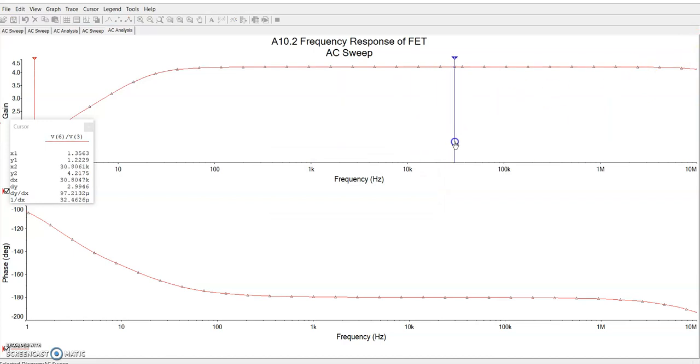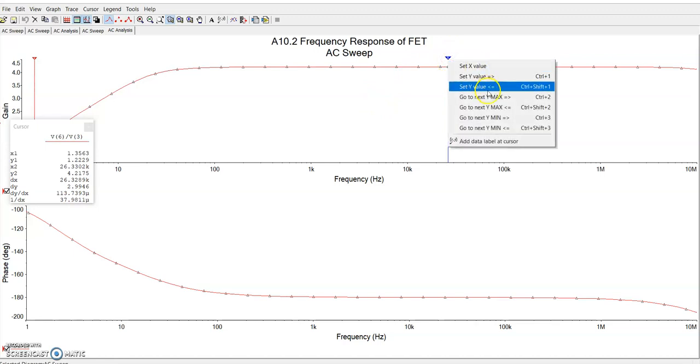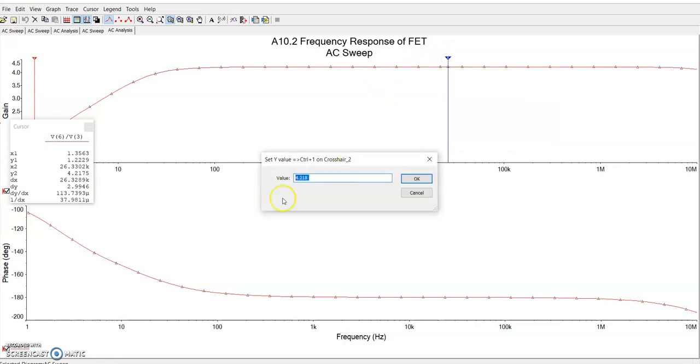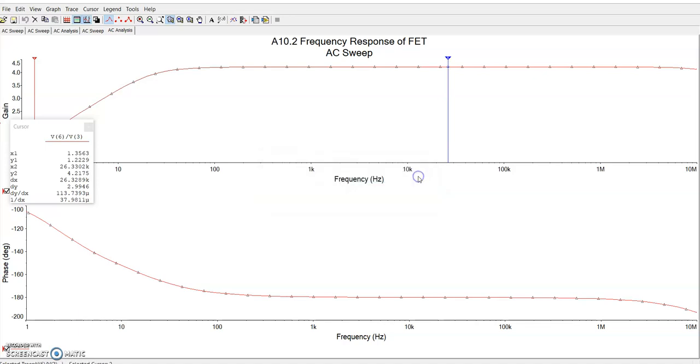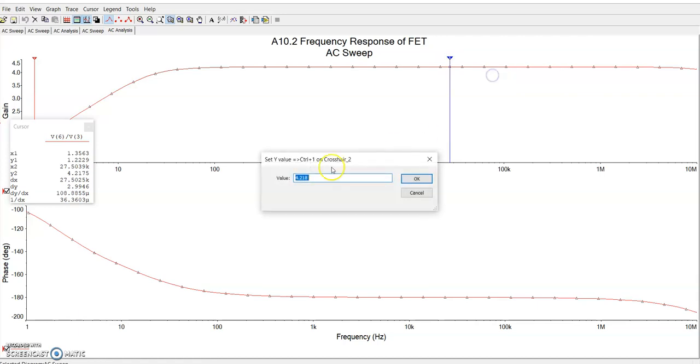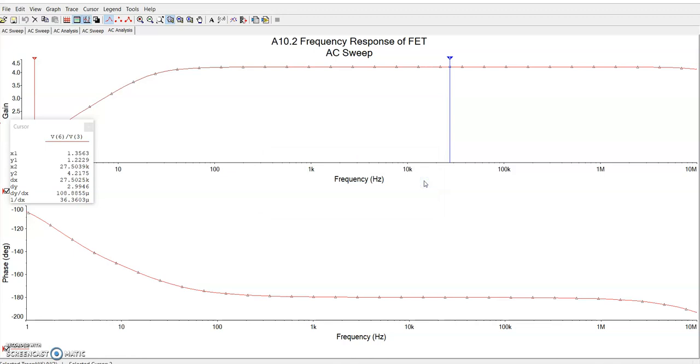Next we can do it for the second cursor. Set value and give 1.218. Once again, 4 minus 3 is equal to 1, and give OK.